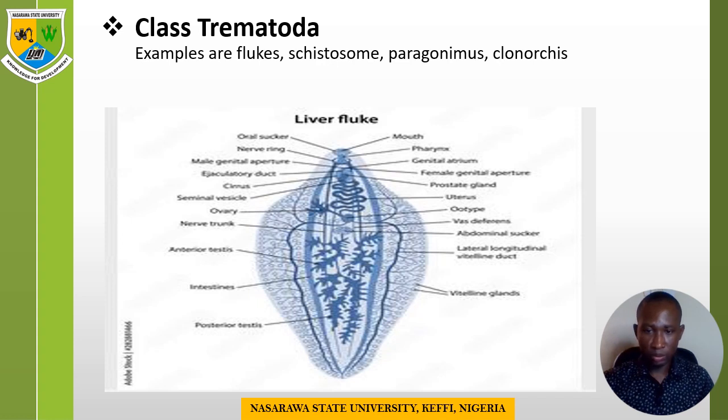We have the uterus, and so on and so forth. We have the sucker here. We have the anterior end, and then the posterior end of this organism, as well as the ovary. So this is the structure of the liver fluke.